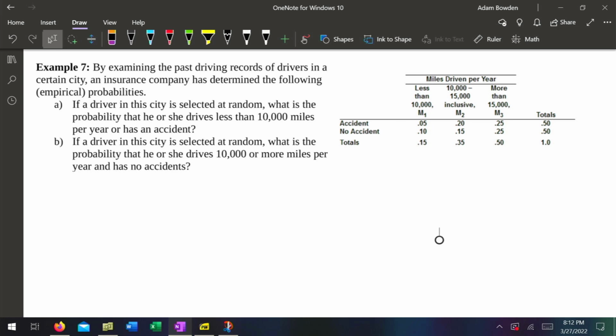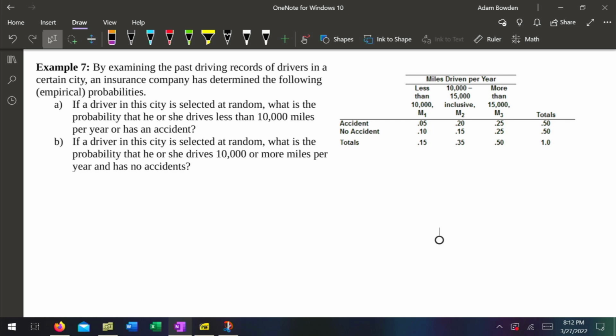So for instance, it has accident, no accident, versus the miles driven per year being either less than 10,000, or between 10 and 15,000, or more than 15,000. And it gives us the totals and everything we need to do here. So they've already listed out the numbers in the table as decimals. So these can be thought of as the probabilities from the empirical standpoint here.